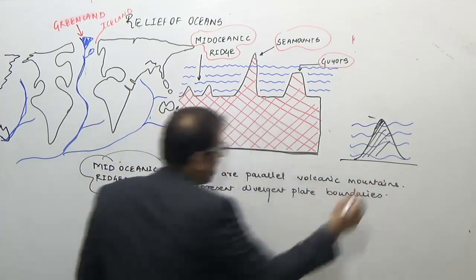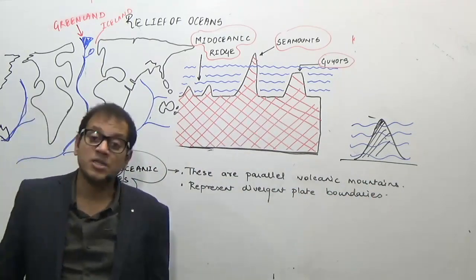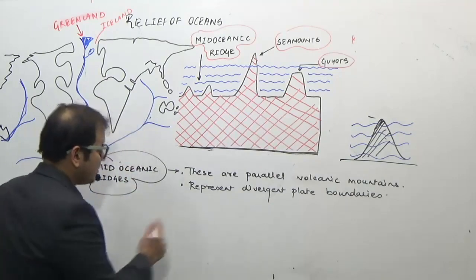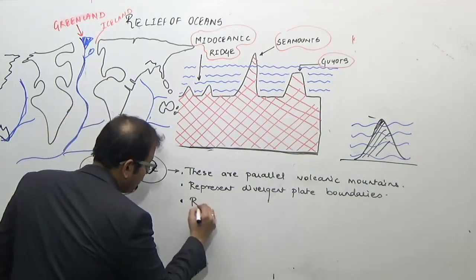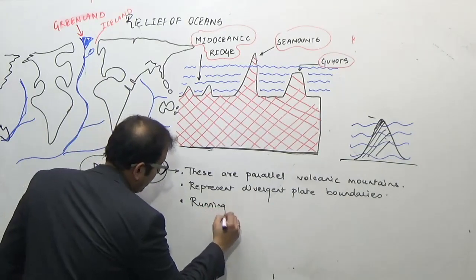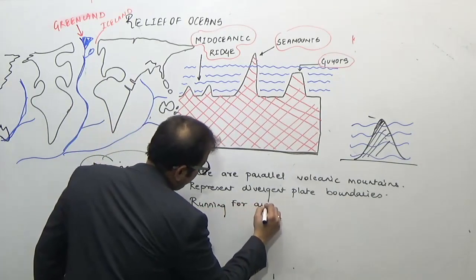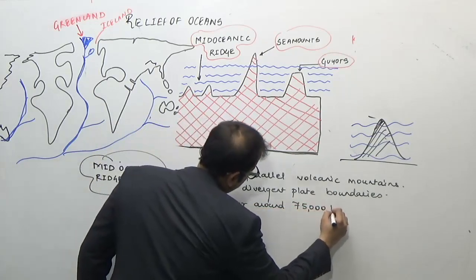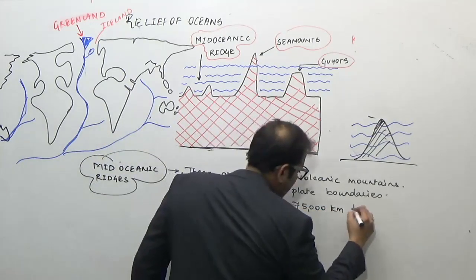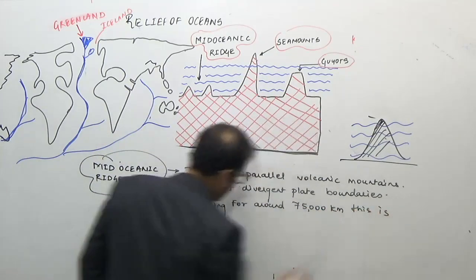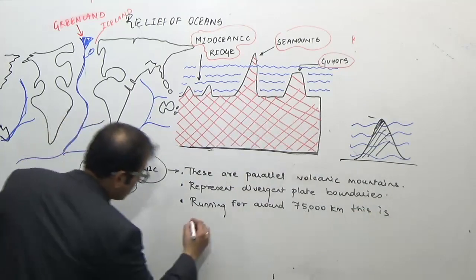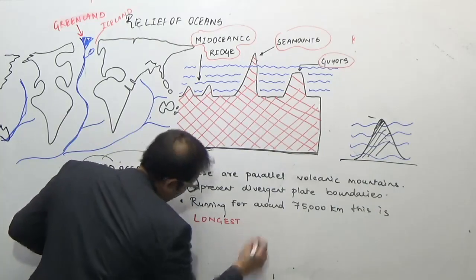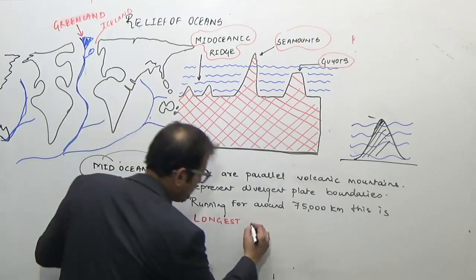What happens at these divergent plate boundaries? The lava comes up and gets solidified in a parallel manner. And what is the remarkable feature? Running for around 75,000 kilometers, this is the longest mountain system in the world.